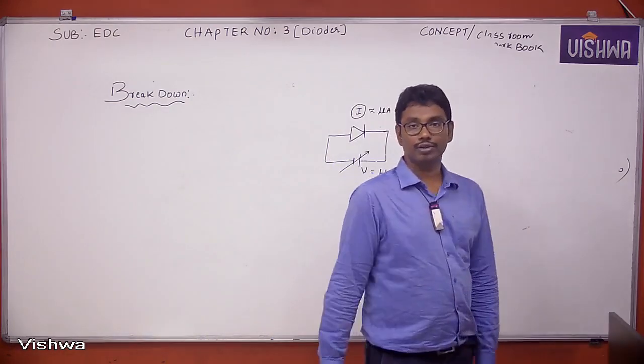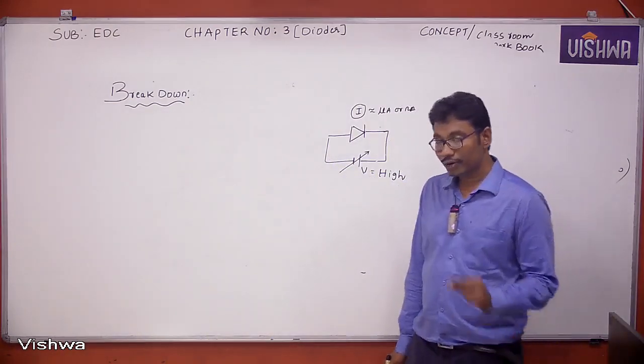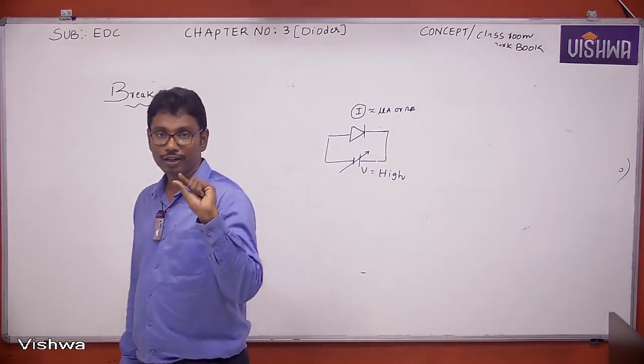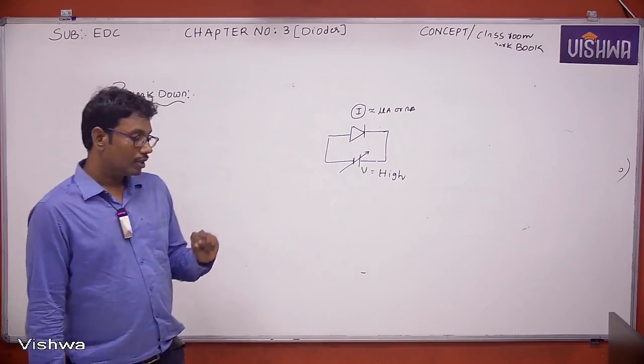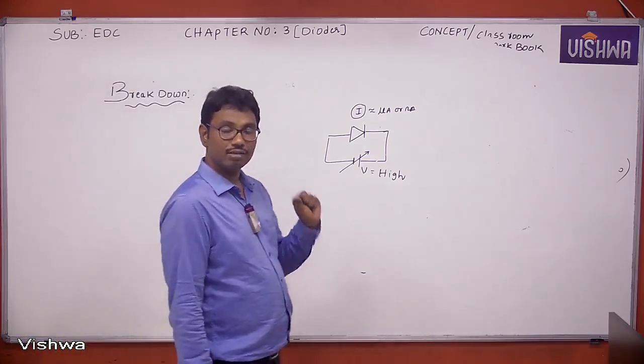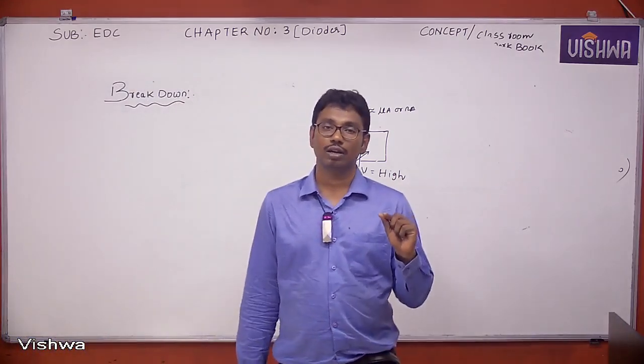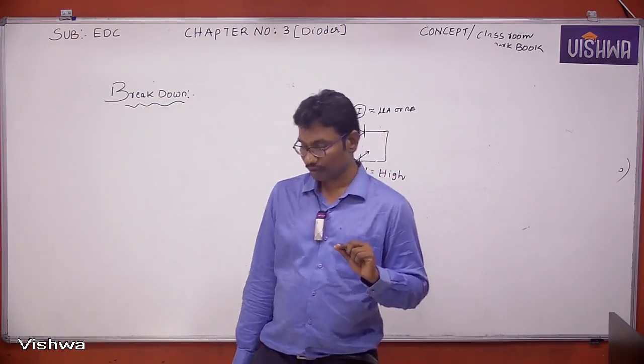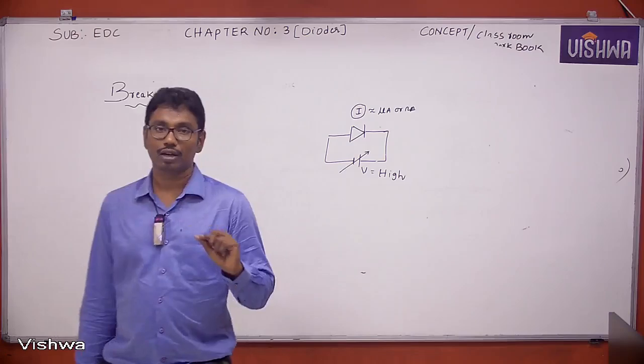Right, on the breakdown actually. When the diode is operated in reverse bias, the current through the diode is constant and negligible.